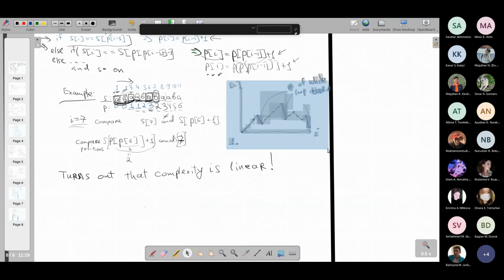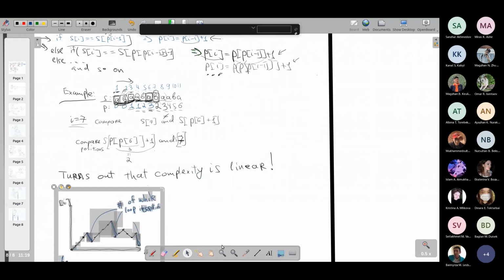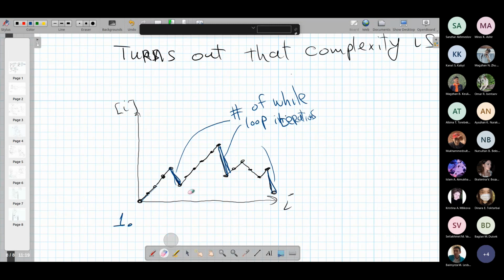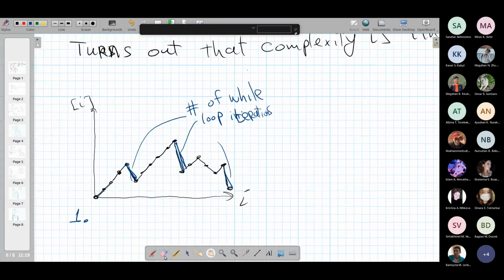The question is why. Once again, the first observation is that the number of raises, the steps towards increasing the prefix function, is not more than n.